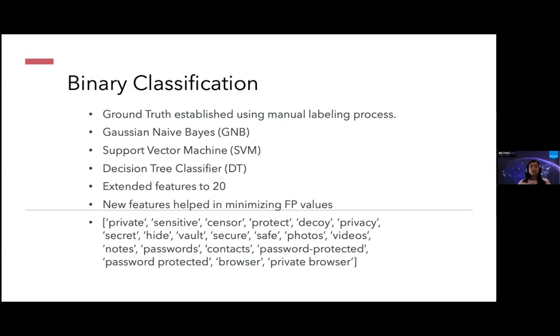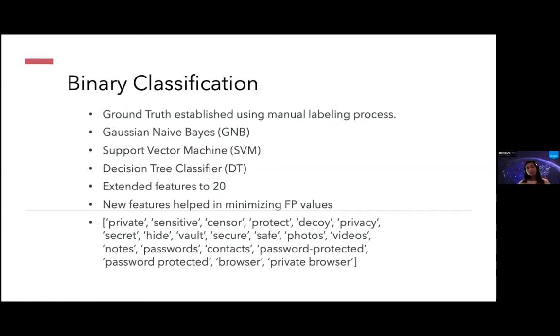Okay? And then after establishing the ground truth, we were able to train binary classifiers such as Gaussian naive Bayes, support vector machine, and decision tree classifiers. In order to minimize the false positive values, we also introduced a new set of features, and we were able to build binary vectors. In this case, we had about 20 such features.